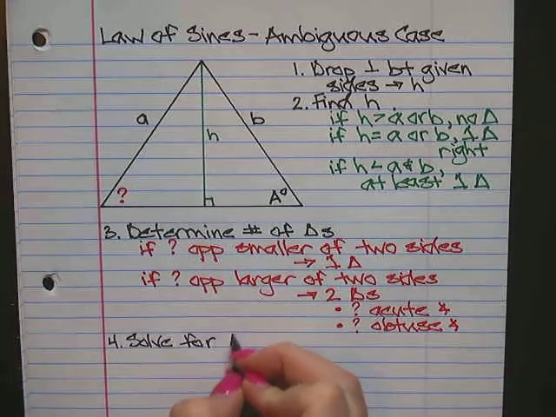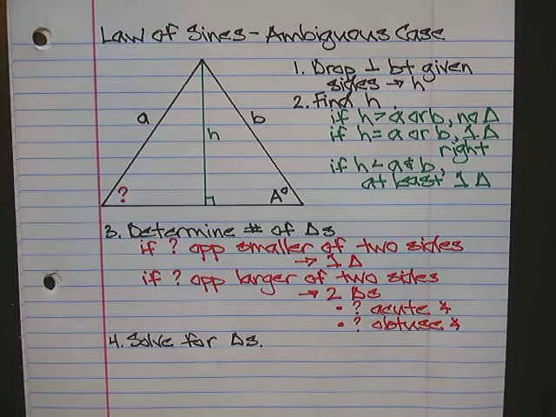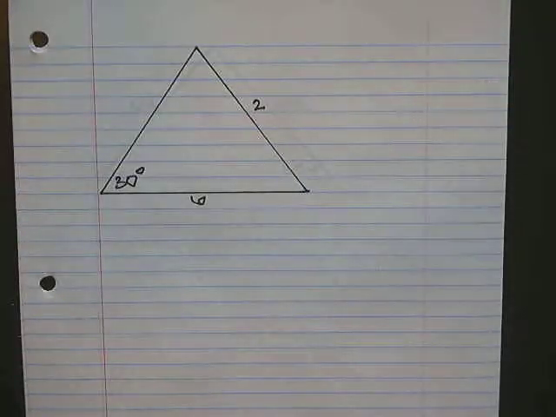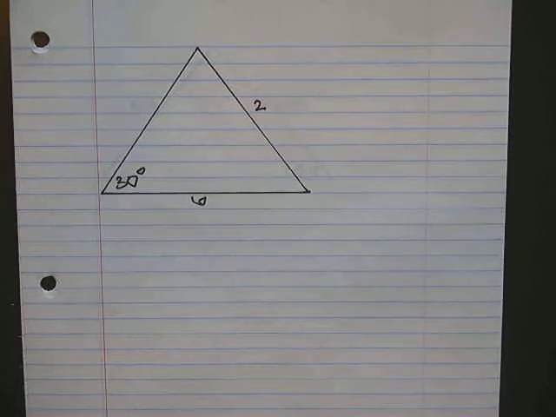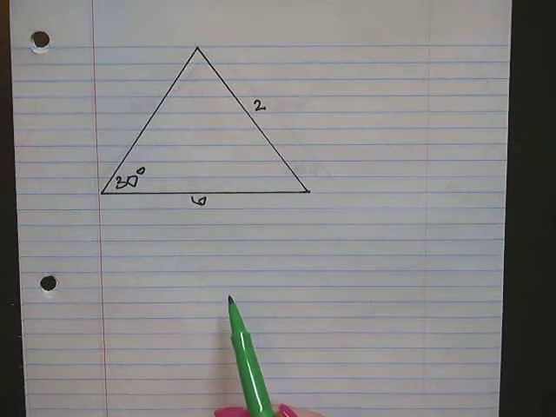Then our step 4 would be to solve for the triangles. Okay, so if you need to stop and write that down, you can pause it, but we're going to do a few examples.